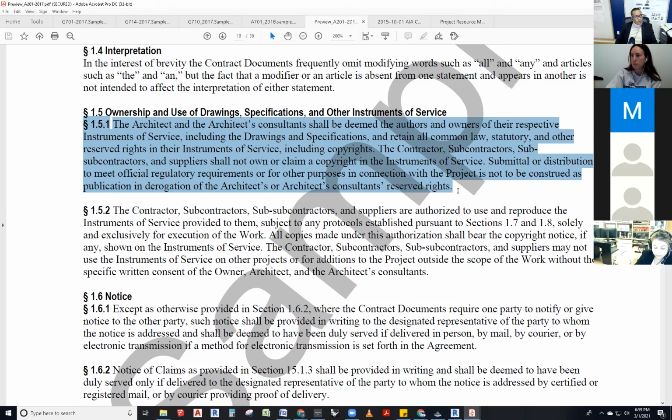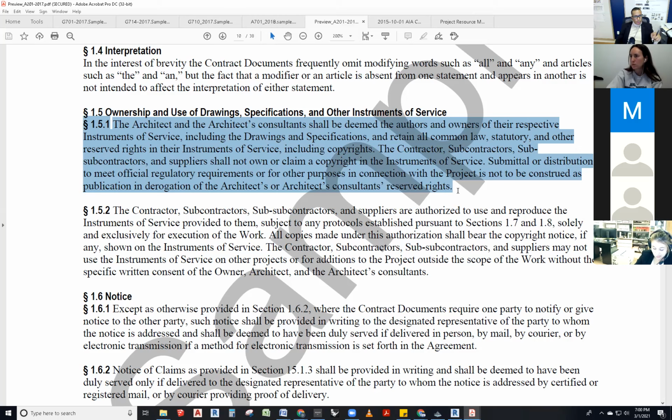So I'm going to read that now carefully. Section 1.5.1. The architect and the architect's consultants shall be deemed the authors and owners of their respective instruments of service, including the drawings and the specifications, and retain all common law, statutory, and other reserved rights in their instruments of service, including copyrights.